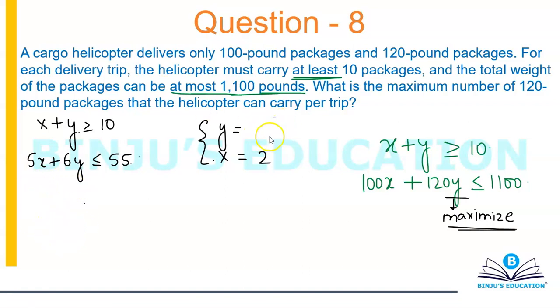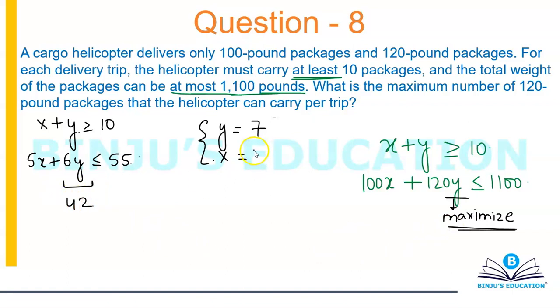Then the next value of y that I'm going to take is 7. Now understand, since I had to maximize y, that's why I started with 10. If I had to minimize, then I would have started with 0. The maximum value that y can take is equal to 10. Alright, when y is 7, then 6 into 7 is 42.